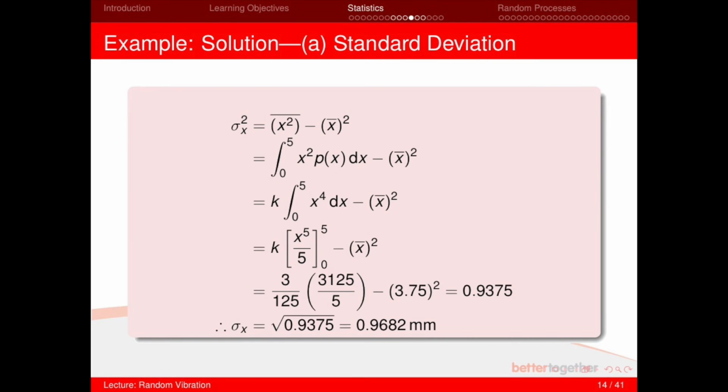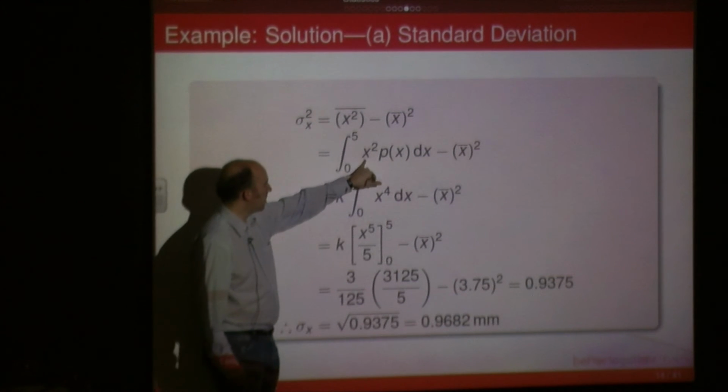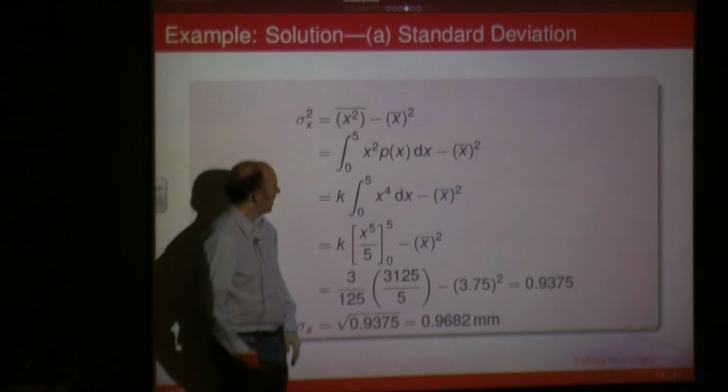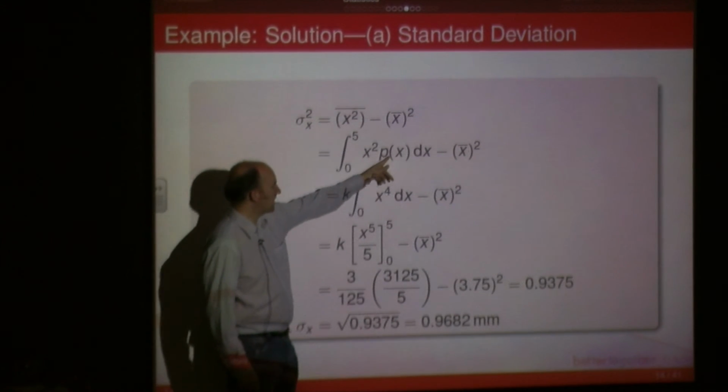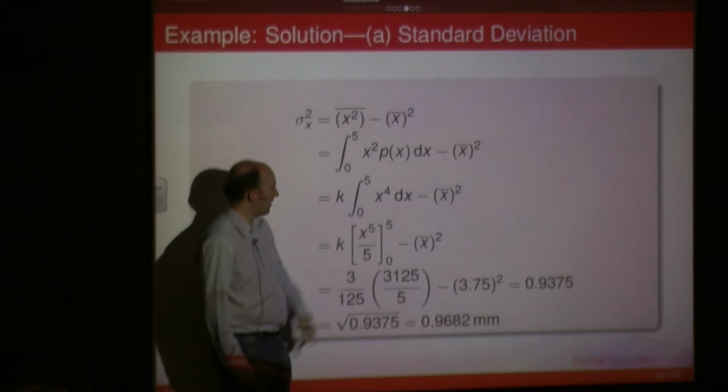To get the standard deviation, I need to follow this process. I know that the standard deviation is the mean square minus the mean squared. So to get the mean square, I put x squared into this integral. Again, k will come outside. I end up with x squared times x squared in here, which is x to the power of 4.